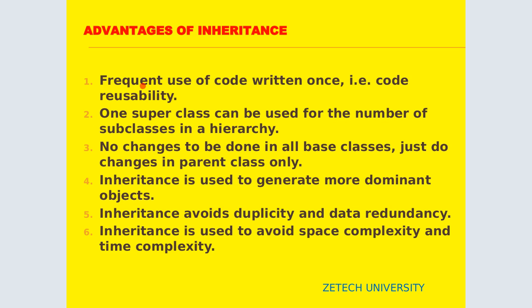Now, another advantage is that no changes need to be done in all the derived classes, just do changes in the parent class only. All right. Again, I want to mention this. If I have value 1 and value 2 in superclass value, I don't need to change that in subclass add.